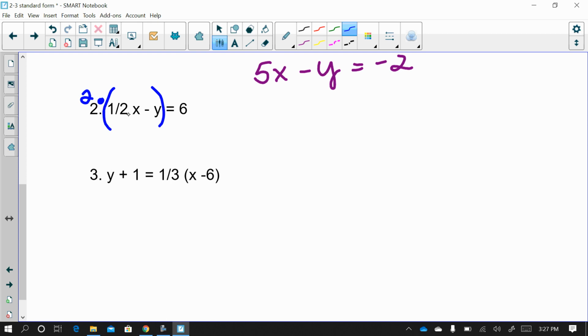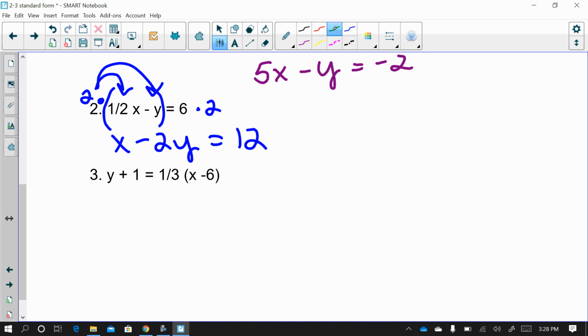You have to do it to everything. If I do it to one side, I have to do it to the other. So then just distribute. 1/2 times 2 is just plain old 1, so x. 2 times negative y is negative 2y. 6 times 2 is 12. Run through the rules again. No fractions, check. a and b can't both be 0, check. And a is positive, so we're good there.